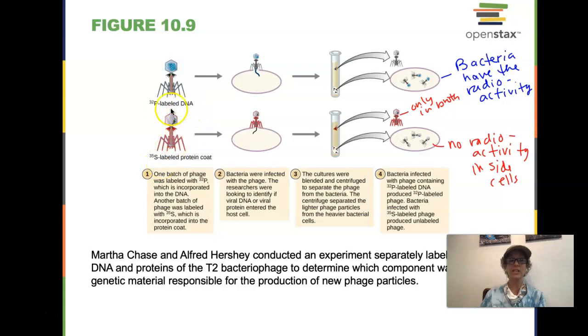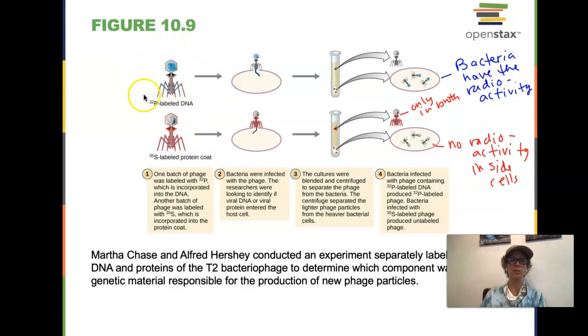The DNA is labeled with radioactive phosphorus because phosphorus is found in DNA, but it is not found in any amino acid, so it is not found in any protein. The protein coat is labeled with sulfur because sulfur is found in the amino acid cysteine, which means the sulfur is found in proteins. And nucleic acids do not contain sulfur.